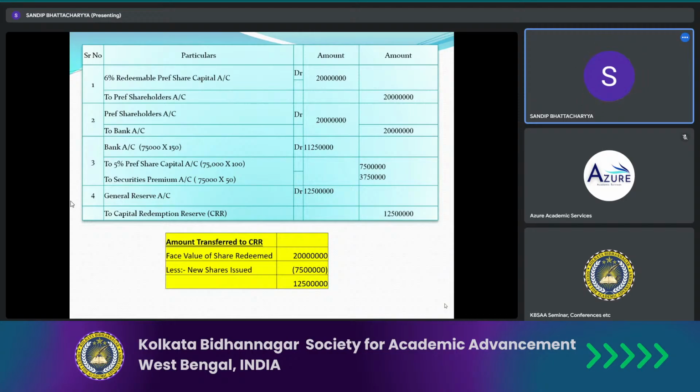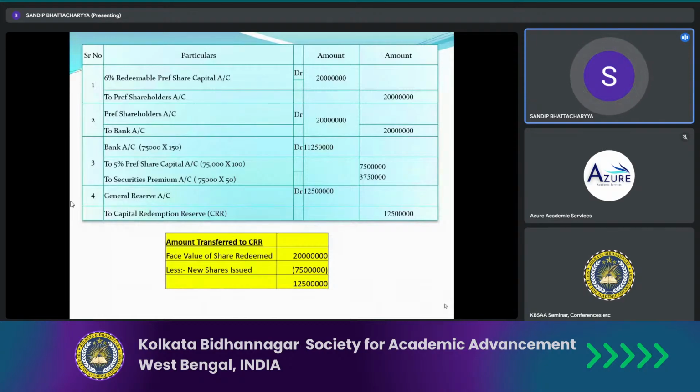So this is the main theme, the main calculation, that is point number 4 in this sum. These are very simple sums, but this is the main theme in journal entry number 4: how much amount is transferred to the capital redemption reserve.